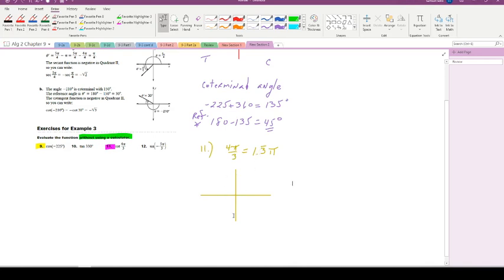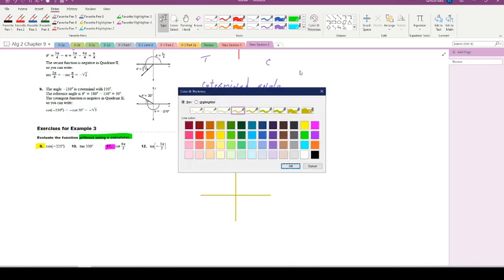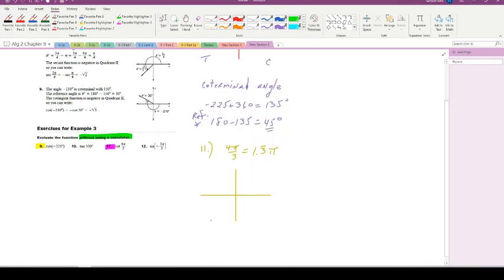That's going to be just under 1.5. 0, pi over 2, pi, 3 pi over 2. So that's going to be somewhere in here. I'm just going to draw a dot here, and then draw a line from the center, and it's got to go through that point.